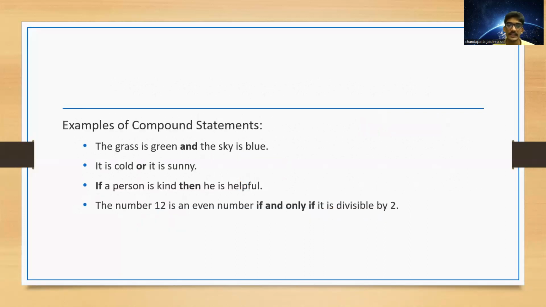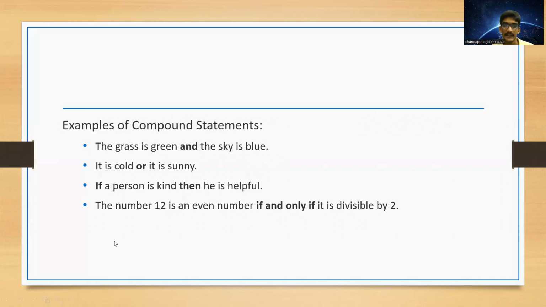Examples of compound statements. We have seen one example just now, and we will go through more examples to understand compound statements better. The first example is: the grass is green and the sky is blue.